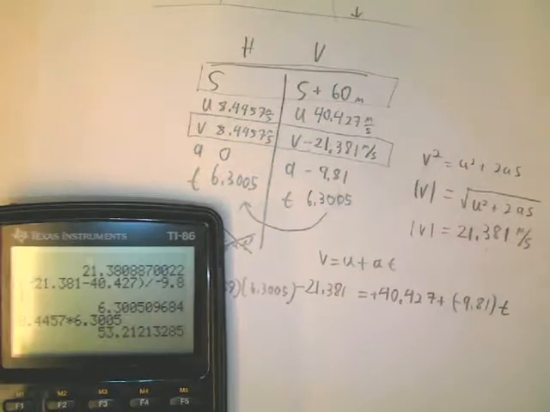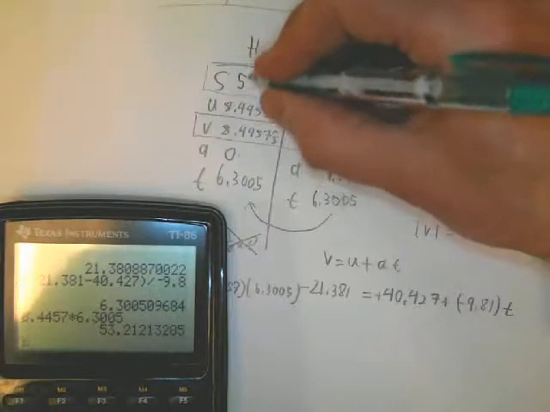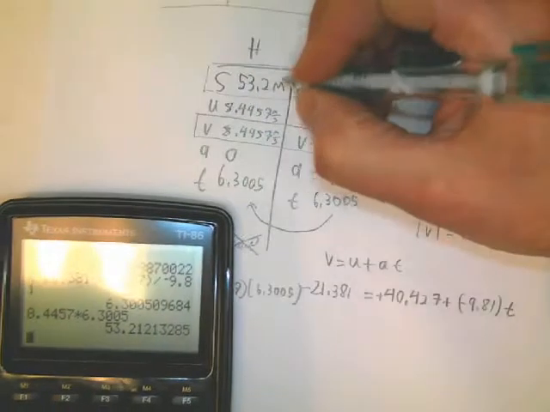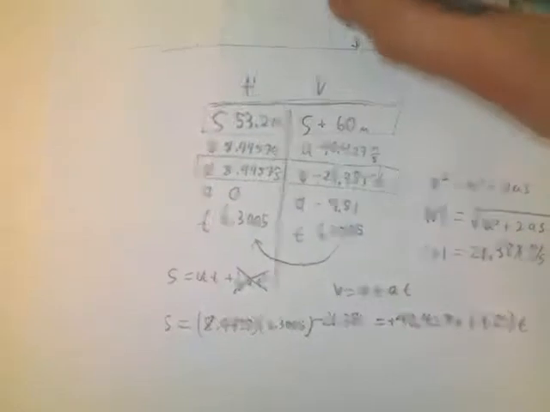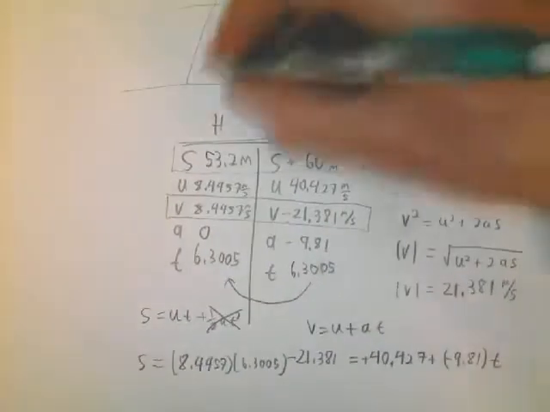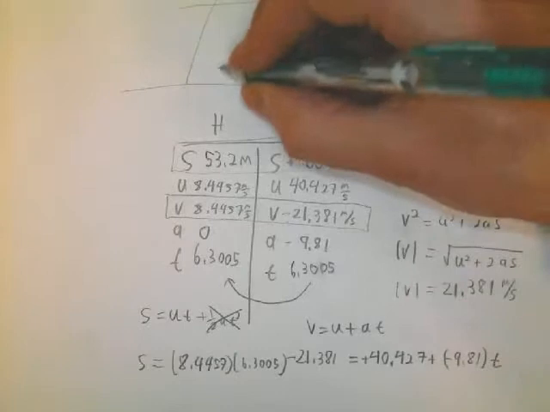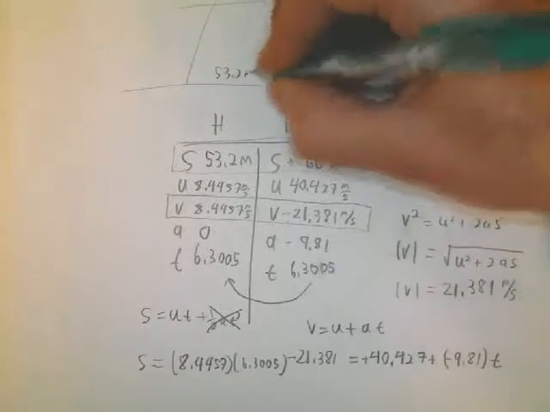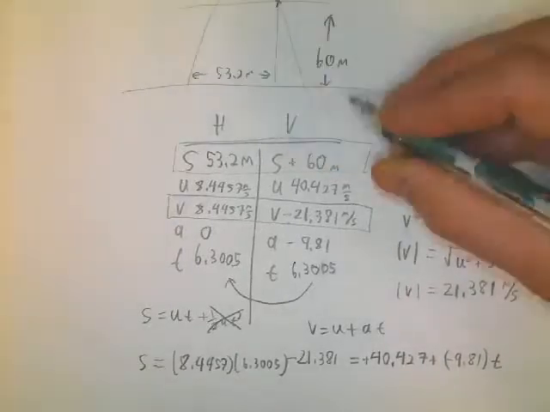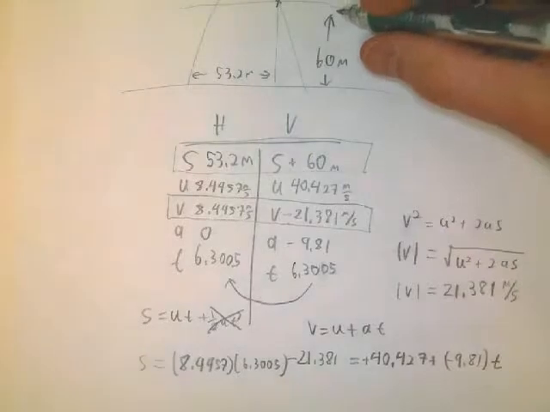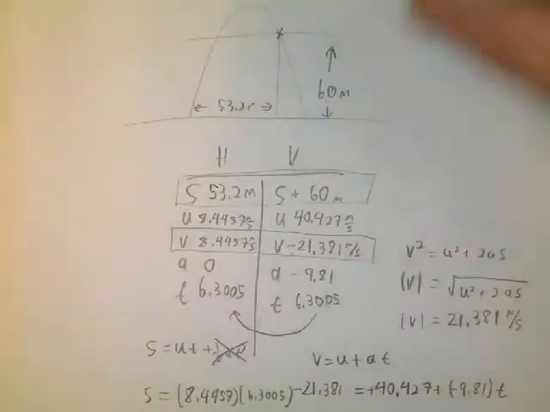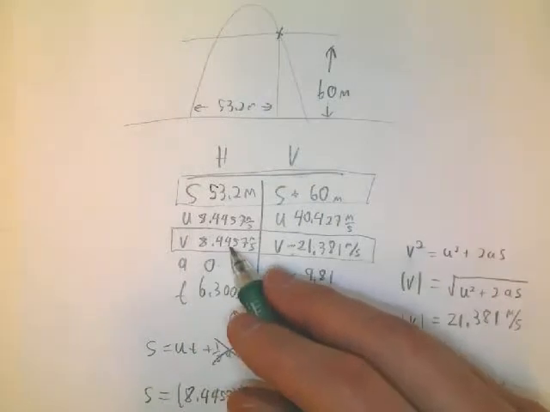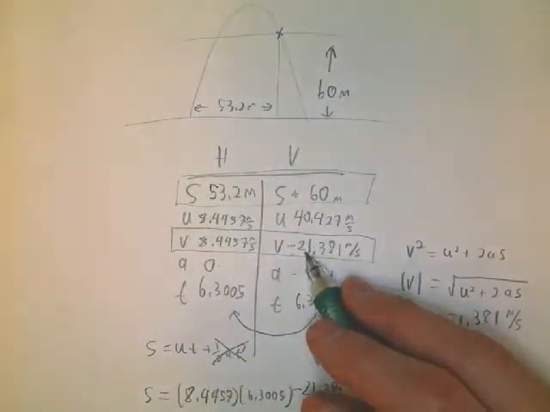And there we go, 53.2 meters over. So the position of this thing is 53.2 meters this way, horizontally. Vertically, of course, it's 60 meters because that's what they told us to do. The velocity is 8.4457 over and 21.381 down.